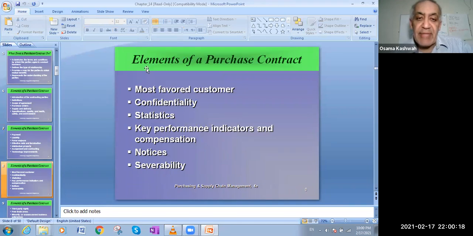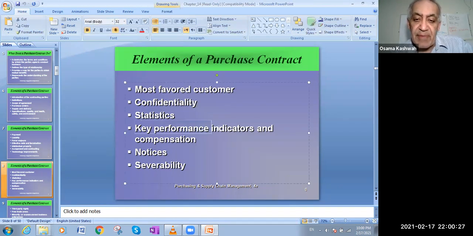On slide number 8, the elements of the purchase contract still continue: most favored customer, confidentiality, statistics, key performance indicators and the compensations, notices if there are any, and severability if there are any. Those are the things we have to care about in the purchase contract.